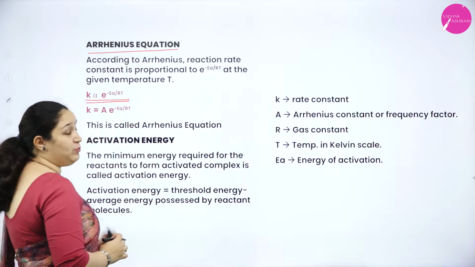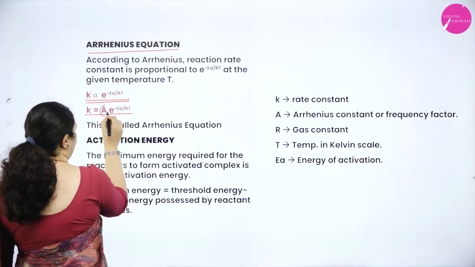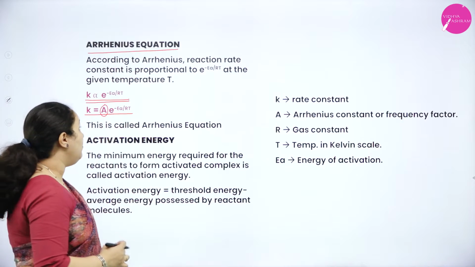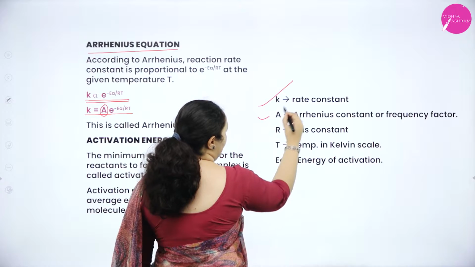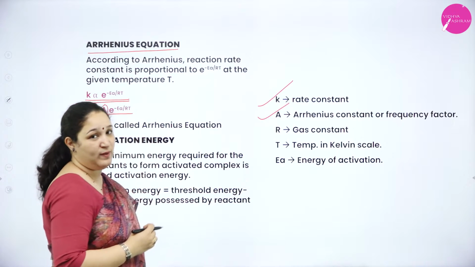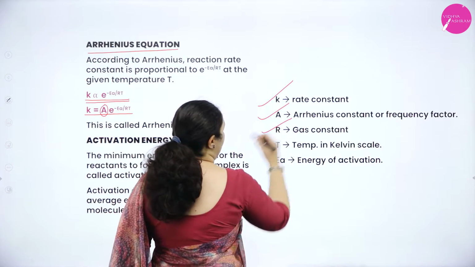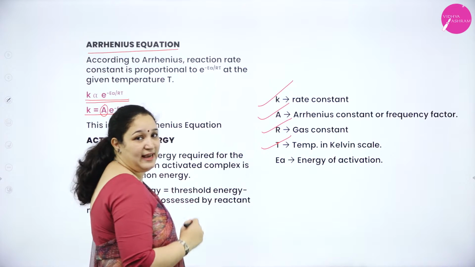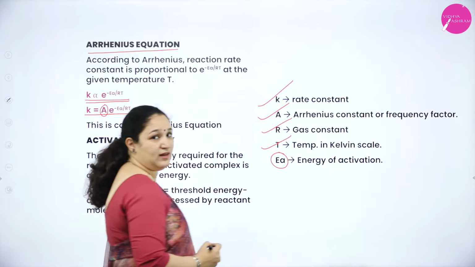Now, to remove the proportionality, we put a constant A, which is called as Arrhenius constant. Now, what is K? K is rate constant, A is Arrhenius constant or frequency factor. Also, R, what we have is the gas constant, T is temperature in Kelvin scale, and EA is activation energy.